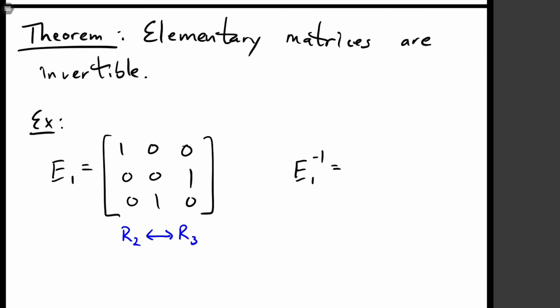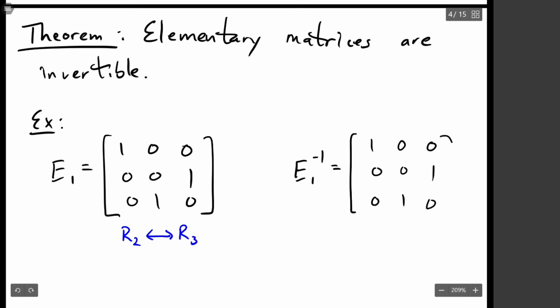If we swapped row 2 and row 3 in a matrix, how would we undo that? Well, we just swap them back. So its inverse is itself, actually. Pretty interesting. If we swap them once, swapping them again will put them back in order. That tells us what the inverse of a row swap looks like.